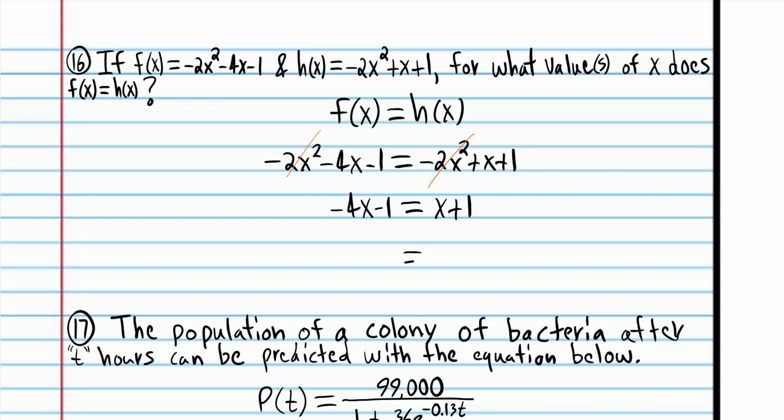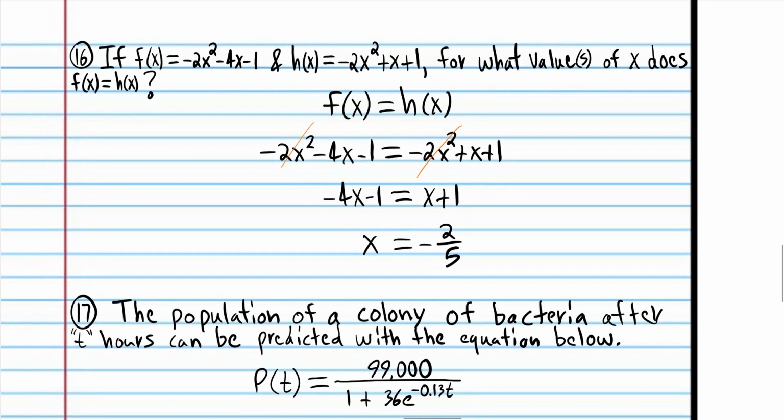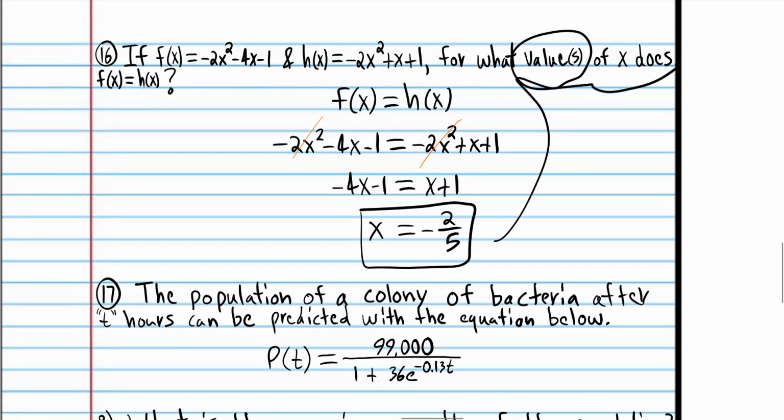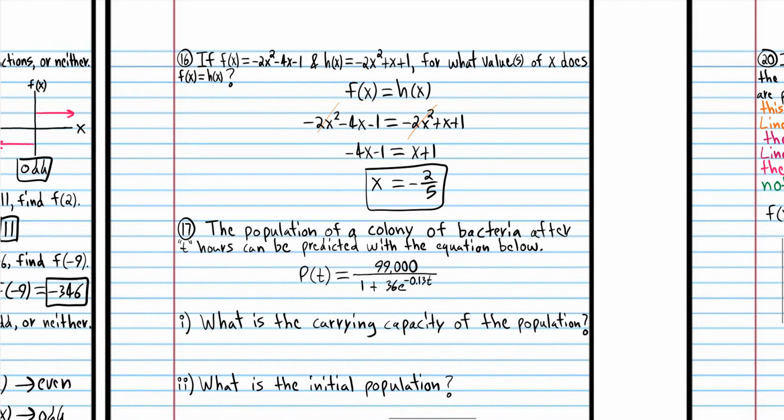Doing some basic algebra, we find that x is equal to negative 2 over 5. So for what value or values of x does f of x equal h of x? Well, negative 2/5. So if you got that right, excellent.